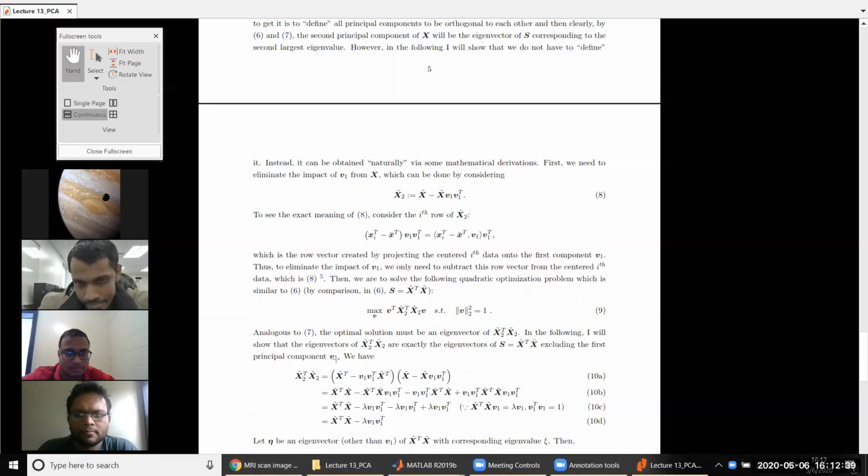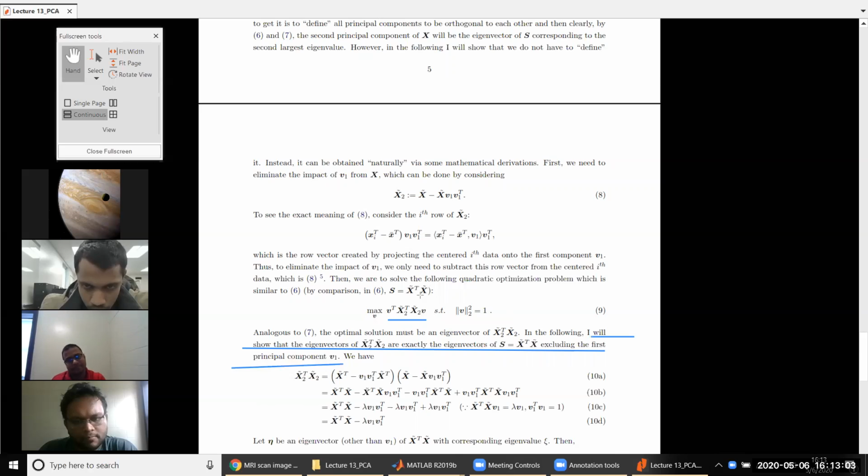What's going to happen here? The truth is that here I want to prove that all eigenvectors of this X2 tilde transpose X2 tilde are the eigenvectors of S, excluding the first principal component.